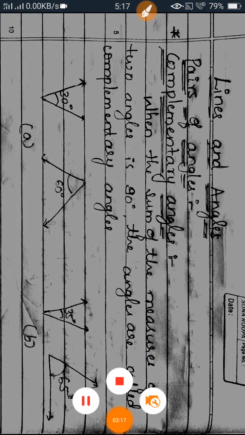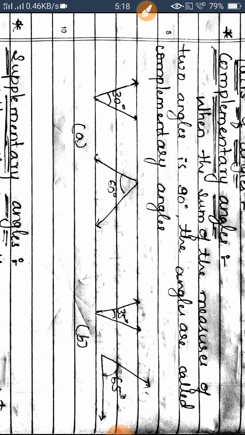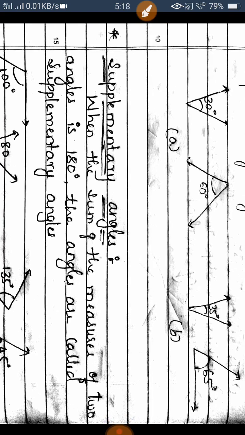The angle which we add to a given angle to get 90 degrees is called the complement of the other. Here are some examples I have written: 30 and 60, 35 and 55, and also 40 and 50. You can check any two angles, not only these.